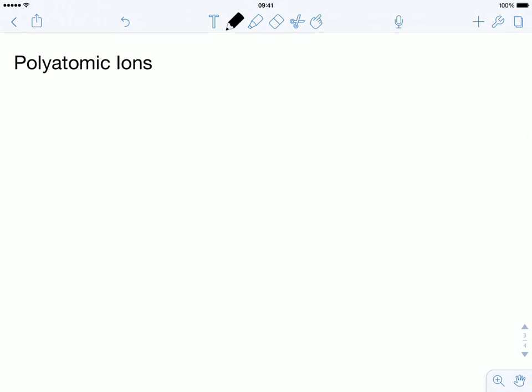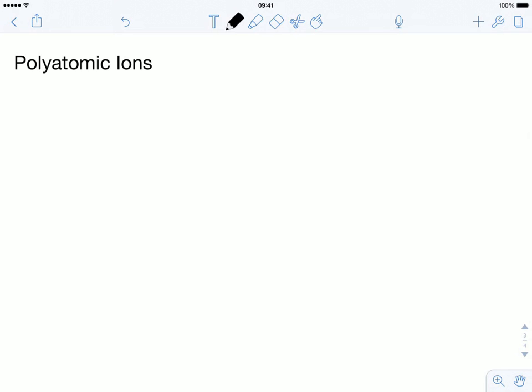Now let's talk about polyatomic ions. Polyatomic ions are ions that are made up of multiple elements. So it's usually a nonmetal with a certain amount of oxygens coming after it, but not always.